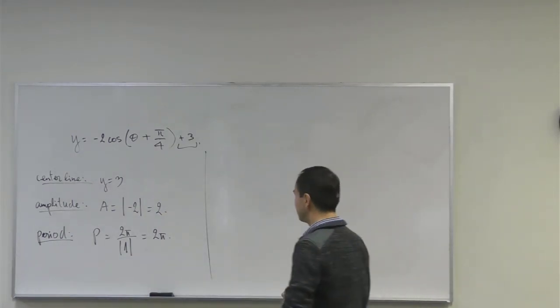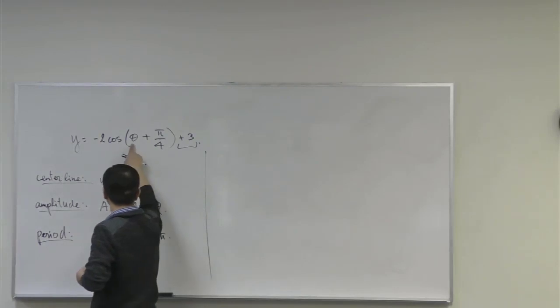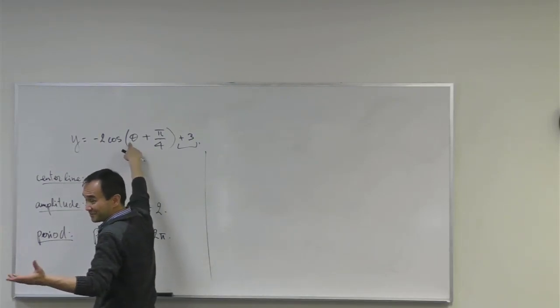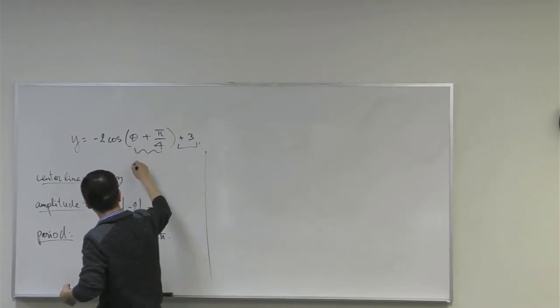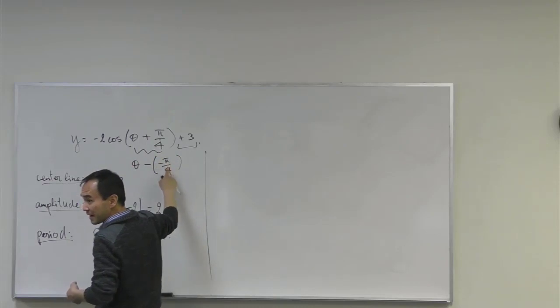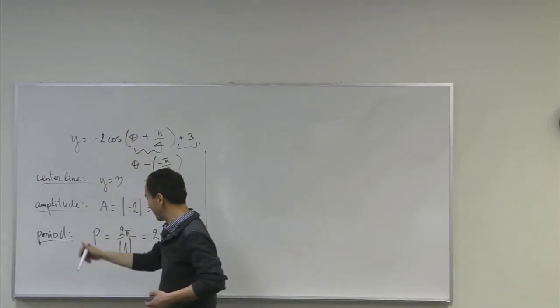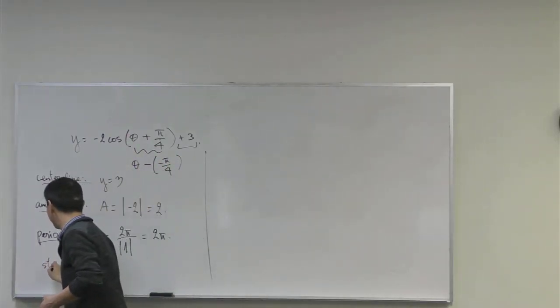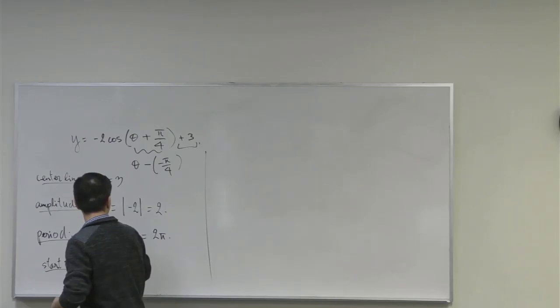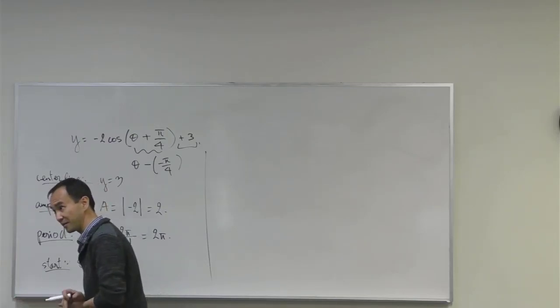This function looks pretty much in factored form already because the coefficient is simply 1, so there's nothing to factor. You can see this as theta minus negative π/4. That shows your starting point. So the starting point, in theta, is at negative π/4.